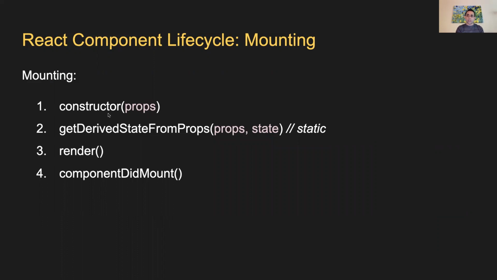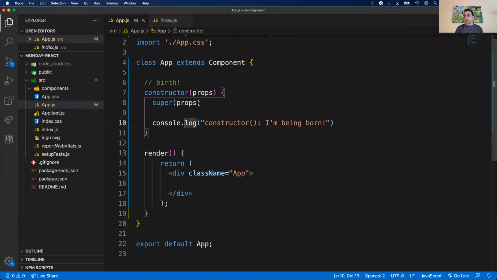First is the constructor. We talked about the constructor. It takes in props. So any prop values that your parent component is passing to you are going to be captured in the constructor via a props value. Again, if you do not create a constructor yourself, a default constructor will be created. This is what your default constructor will look like, minus this console log.